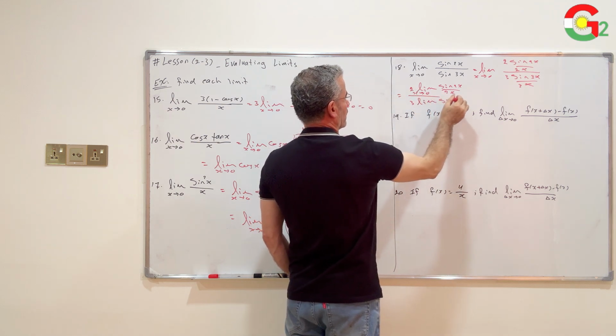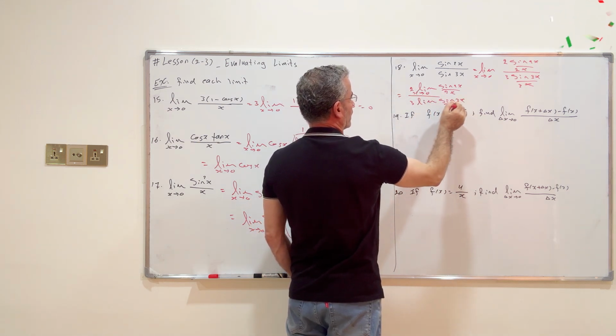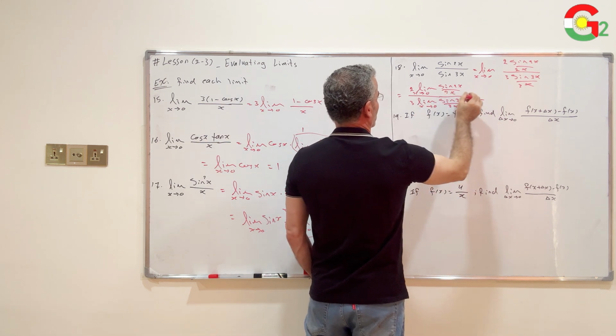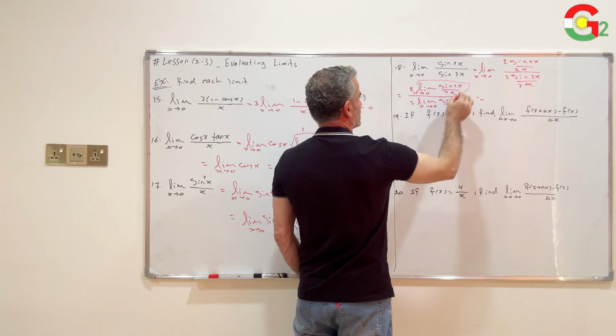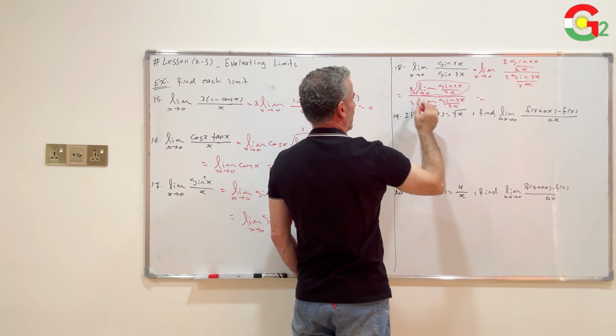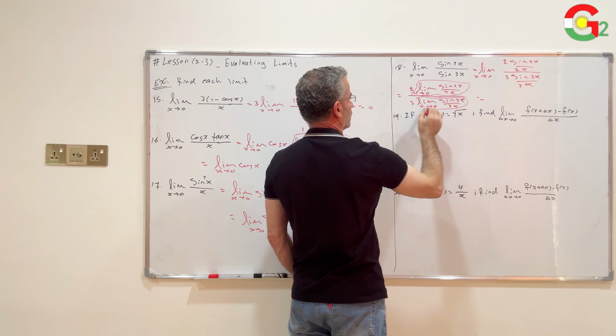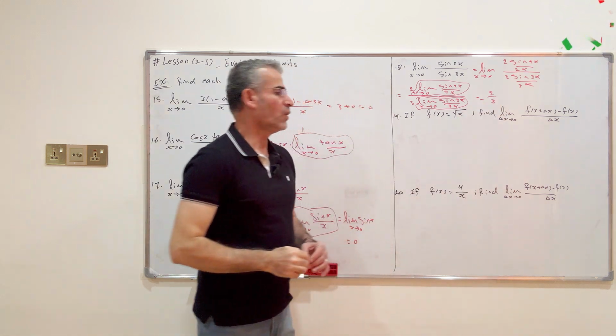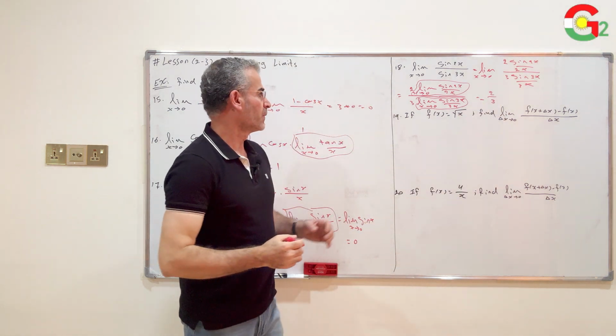The limit of sine 3x over 3x when x approaches 0 is equal to 1, and the other limit is also equal to 1, so the answer will be 2 over 3.